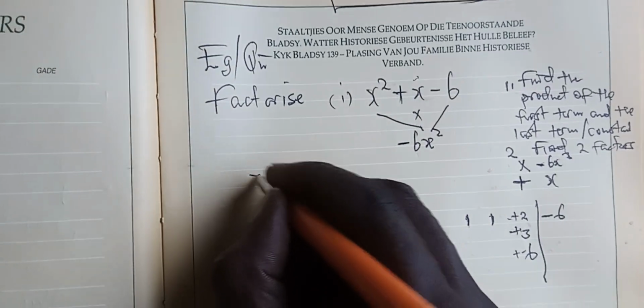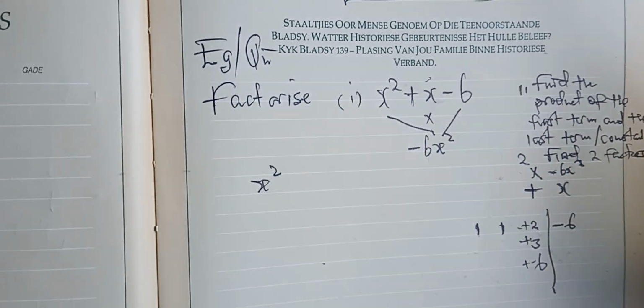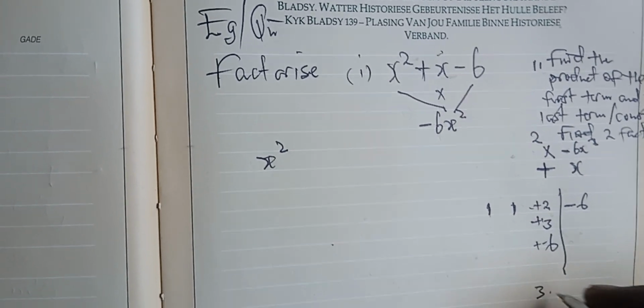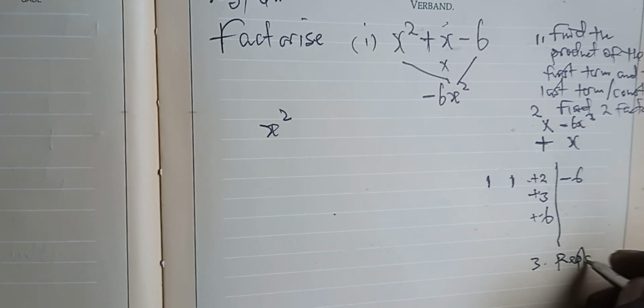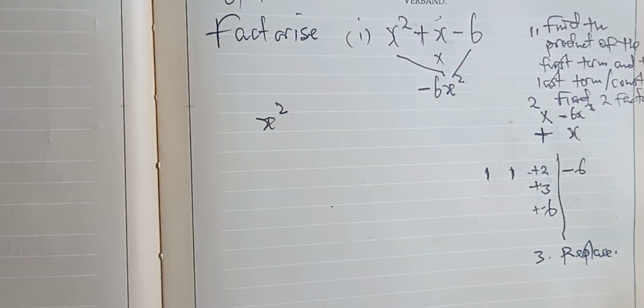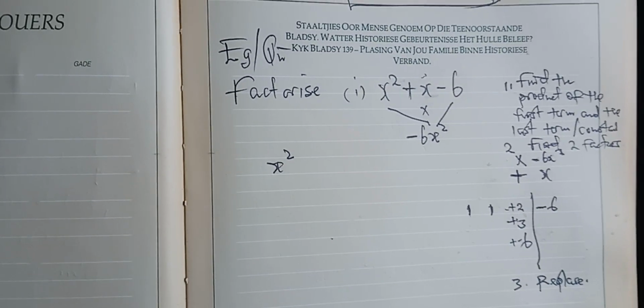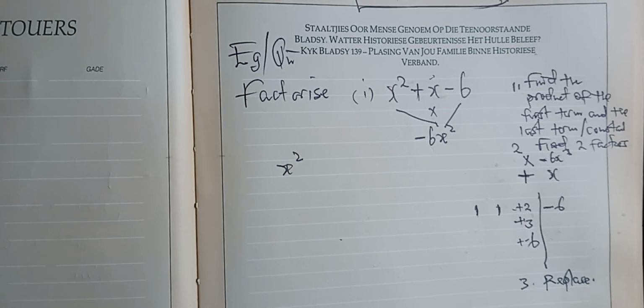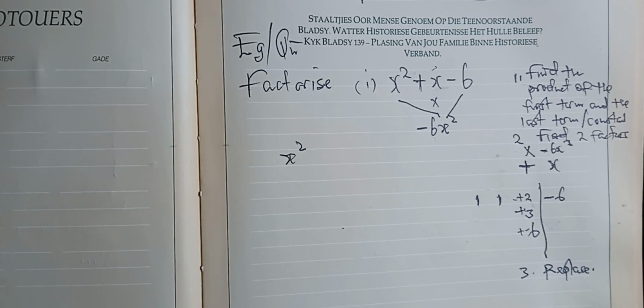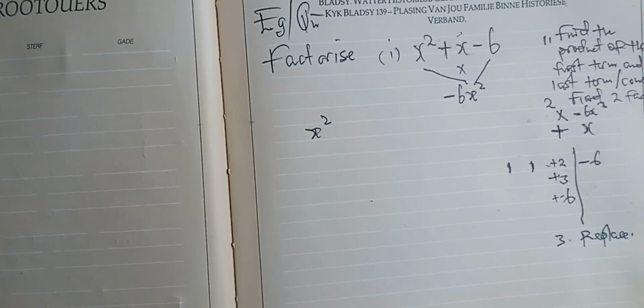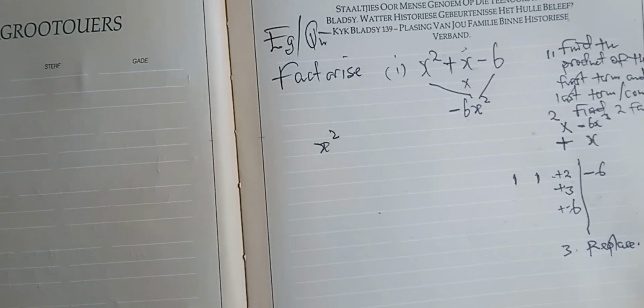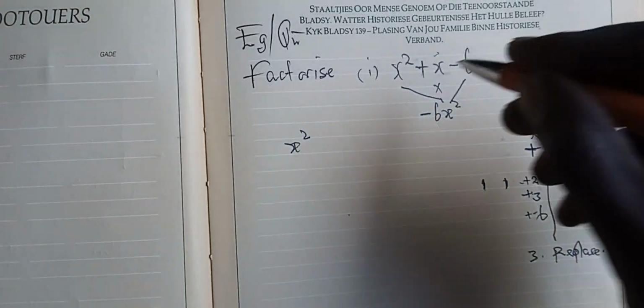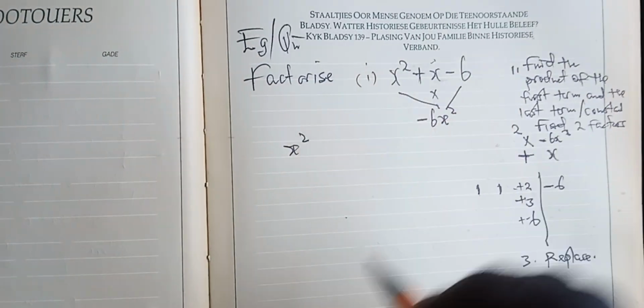Such that if we rewrite this quadratic expression, that gives us the next step, step number 3, which is to replace the middle term with those factors that you found. So here, the factors that we found are negative 2 and positive 3, and we are going to replace those terms in the quadratic expression.